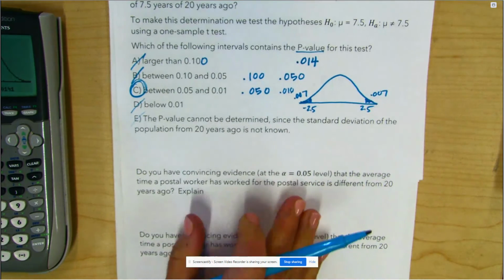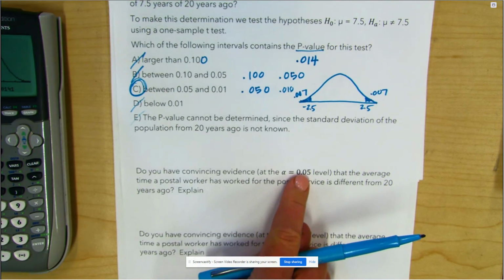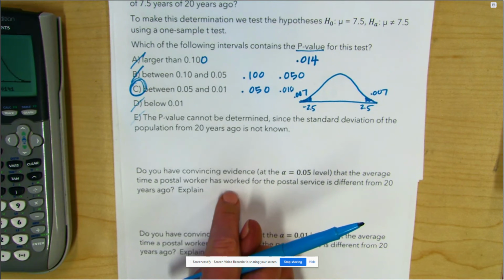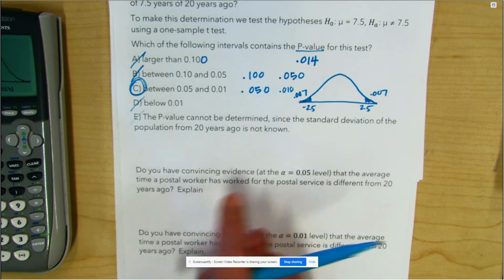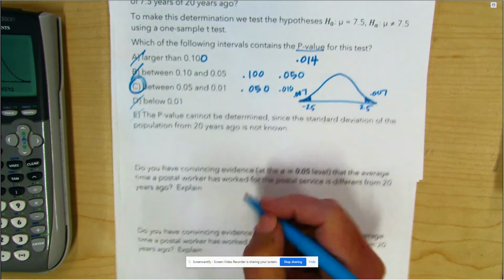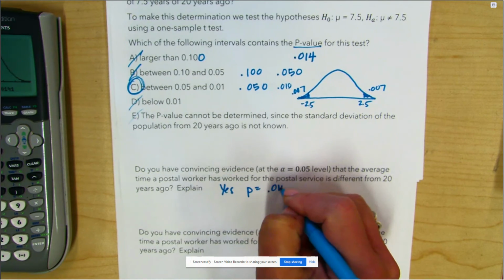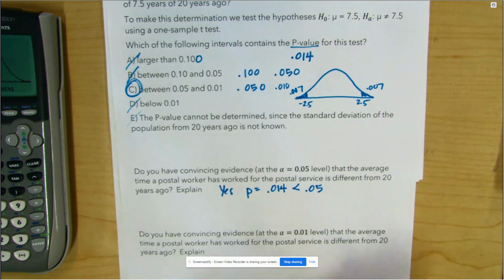All right, so now it's asking, do you have convincing evidence at the 0.05 level that the average time a postal worker has worked for the Postal Service is different from 20 years ago? Yes. P equals 0.014, which is less than 0.05. So yes, you have sufficient evidence.